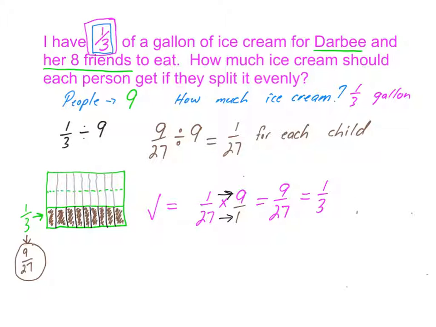The reason that worked out nicely is that 1/3 divided by 9 seemed a little tricky, but when we rewrote it as 9/27 divided by 9, it looked a little easier because you can divide 9/27 quite simply into 9 equal groups, which is how we got that 1/27.